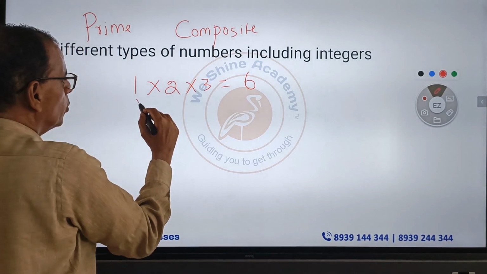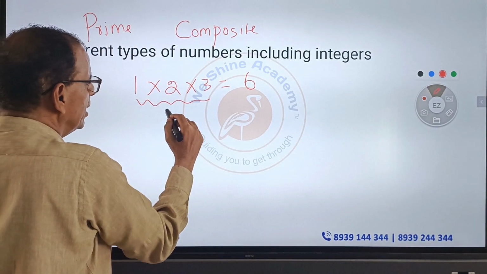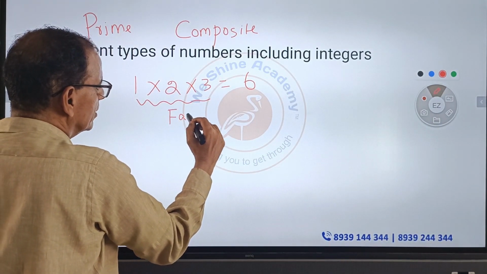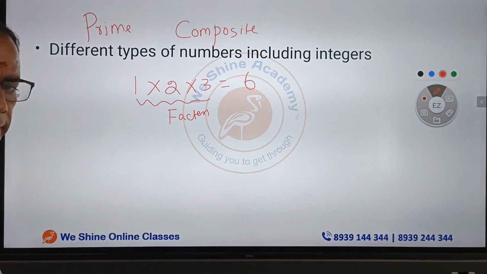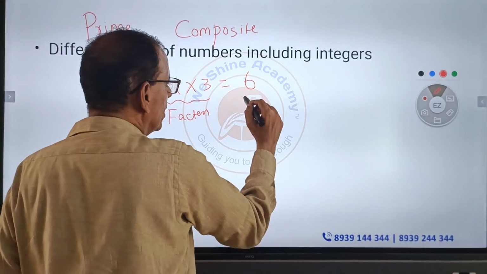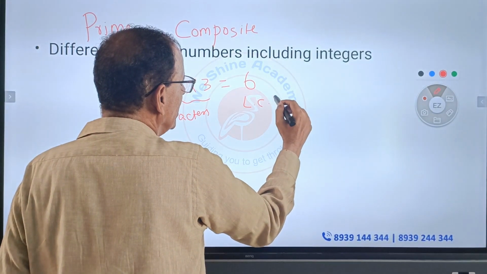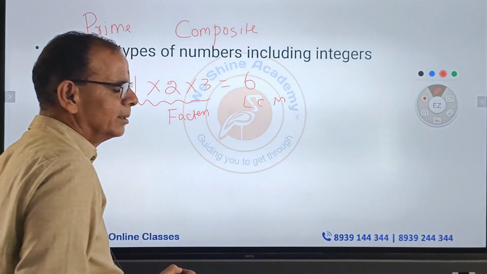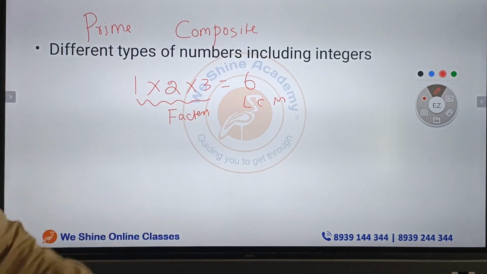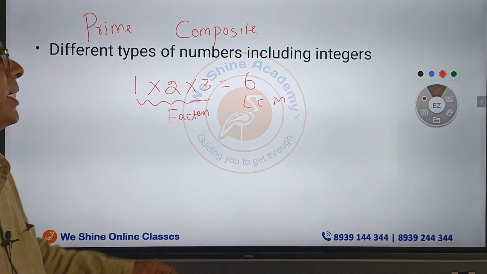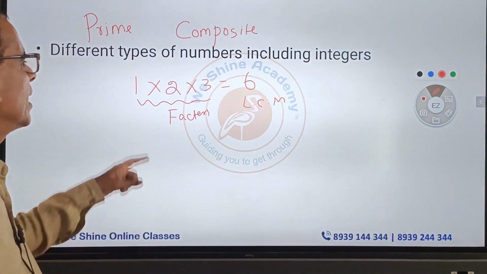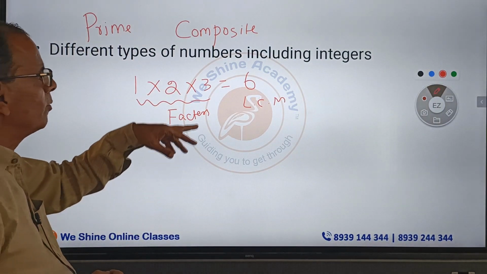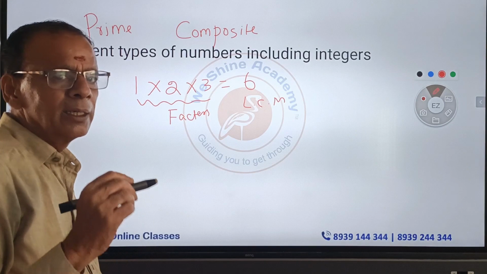This 1, 2 and 3 are called factors of 6. What do I mean by factors of 6? This 6 is called multiple. In fact, it is called least common multiple. Why is it called least common multiple? There is no number less than 6 which can be divided by 1, by 2, by 3 without any remainders.